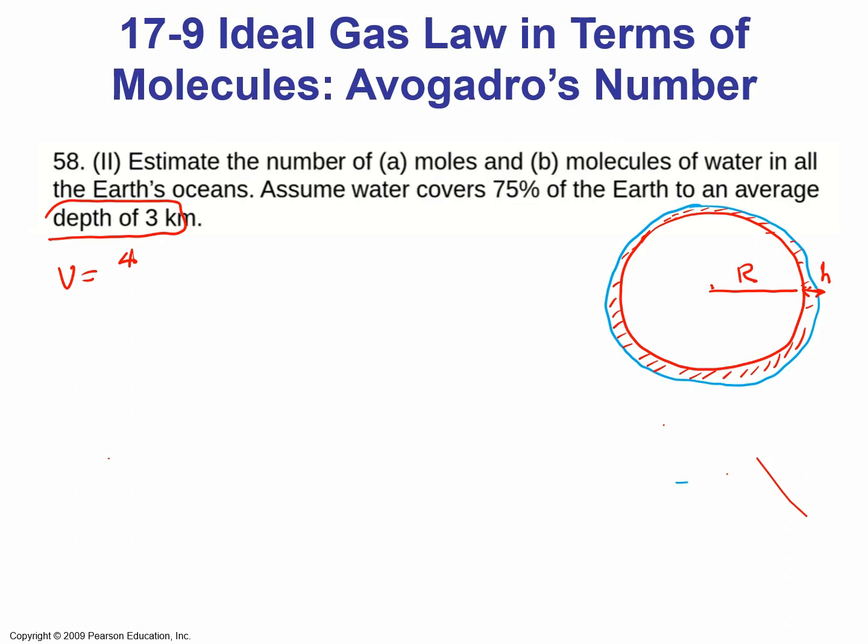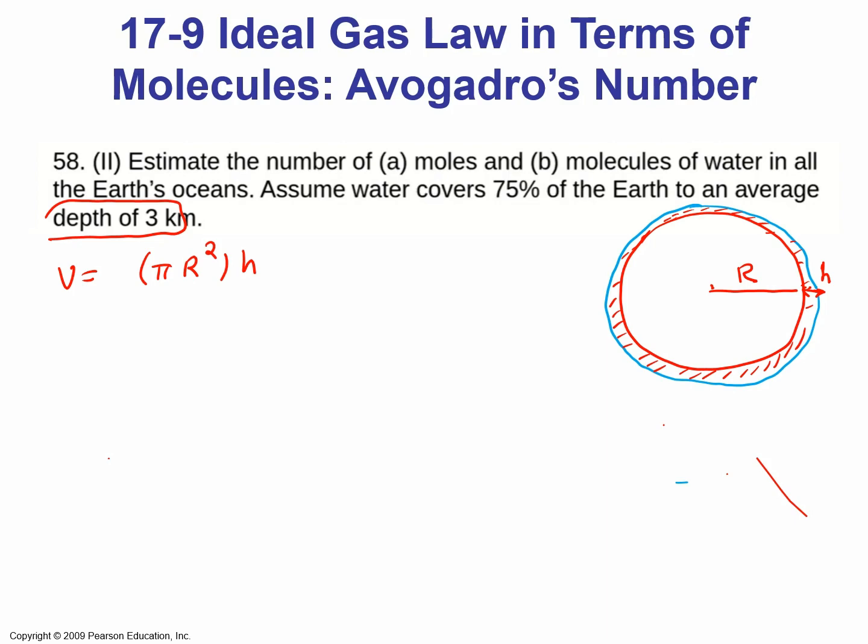So we write this volume as 4 pi r squared multiplied by H. This is an estimation, because this is the surface of a sphere, multiplied by the average depth of the ocean or water around the Earth, and that gives us the volume.